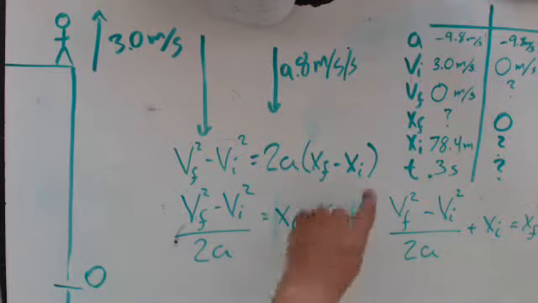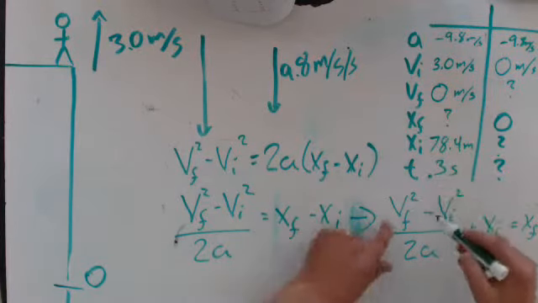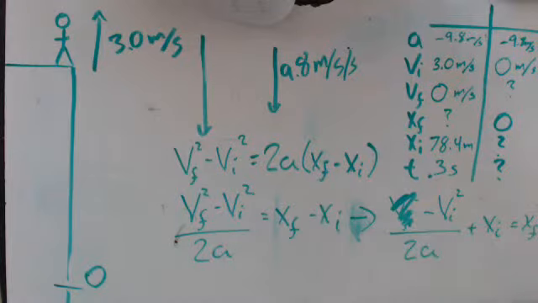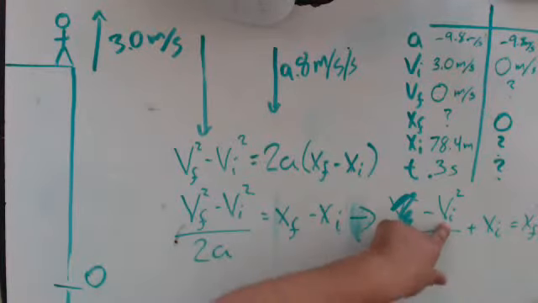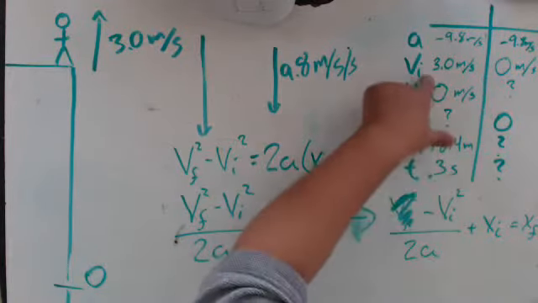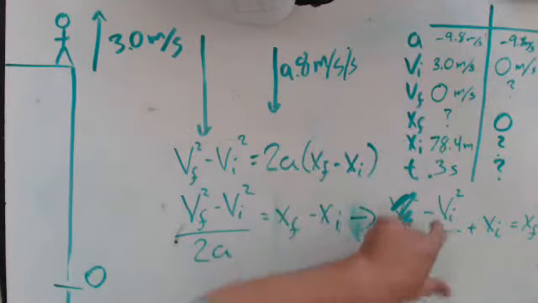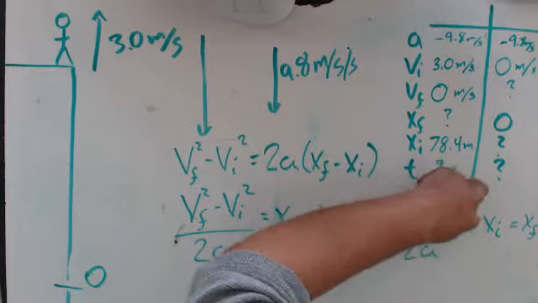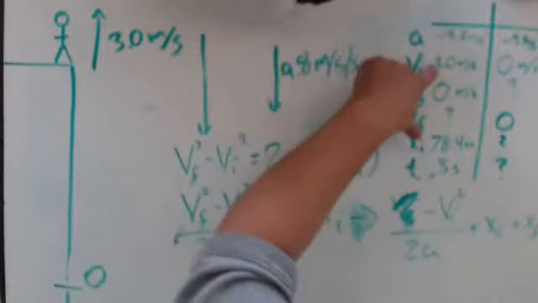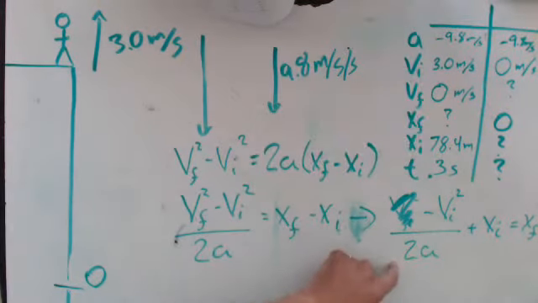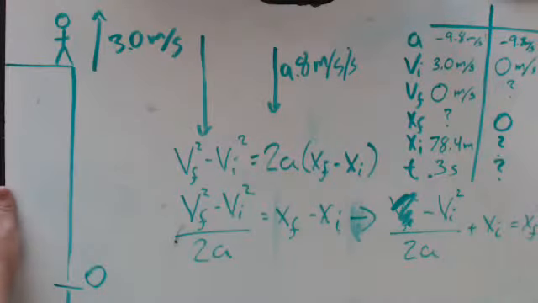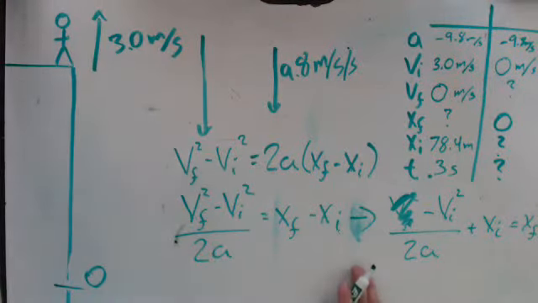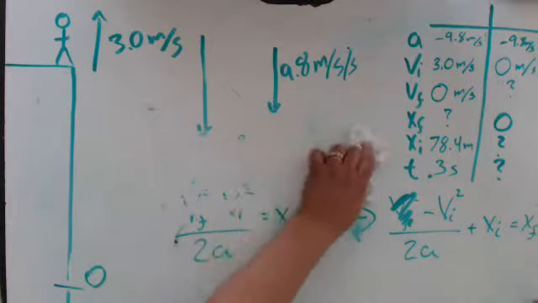Math gets simple because this term turns out to be 0, so it goes away. I'm left with my initial velocity squared, so 3 squared. There's a negative sign out front. It's not negative velocity, it's negative the term. So that's going to be negative 9 divided by 2 times 10. Rewriting that real quick, I shouldn't have gone off on that tangent, but I'm going to clear this space off so I can use it.